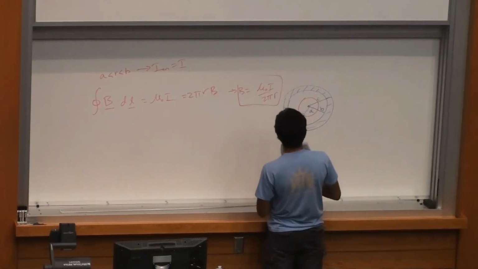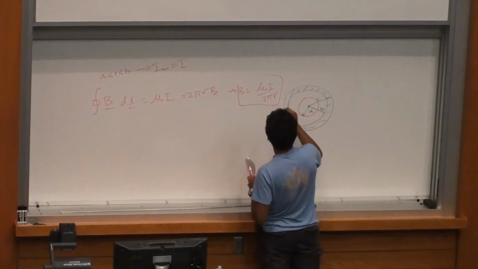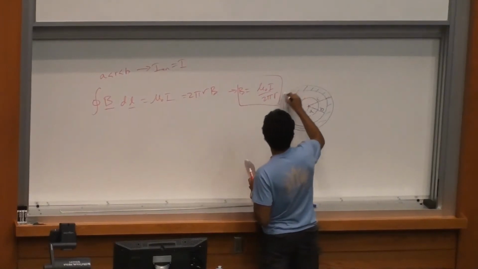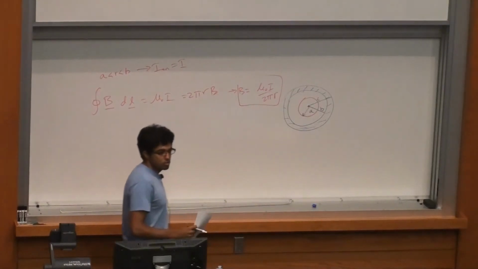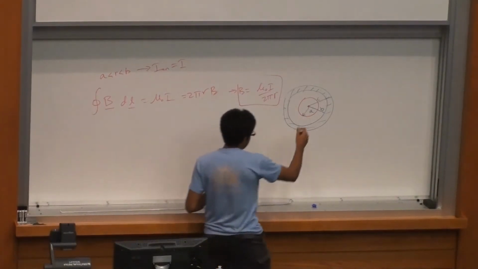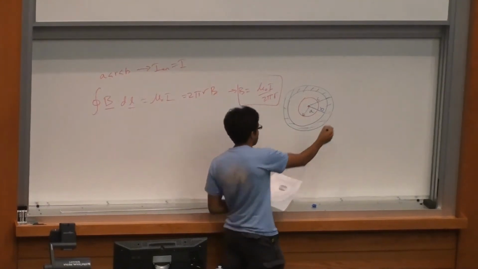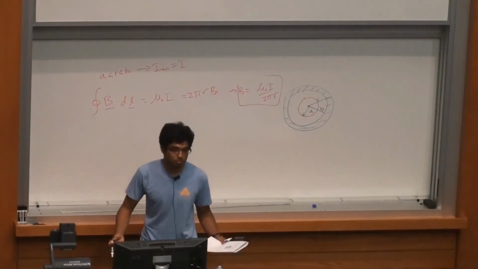So I'm looking at a surface that is outside all of this. Well, off the top, what do you think the answer is going to be for the magnetic field? 0, right? Because for my I enclosed, I have the I that's here, the inside conductor, and the I that's in the outside conductor, and they happen to be the same.